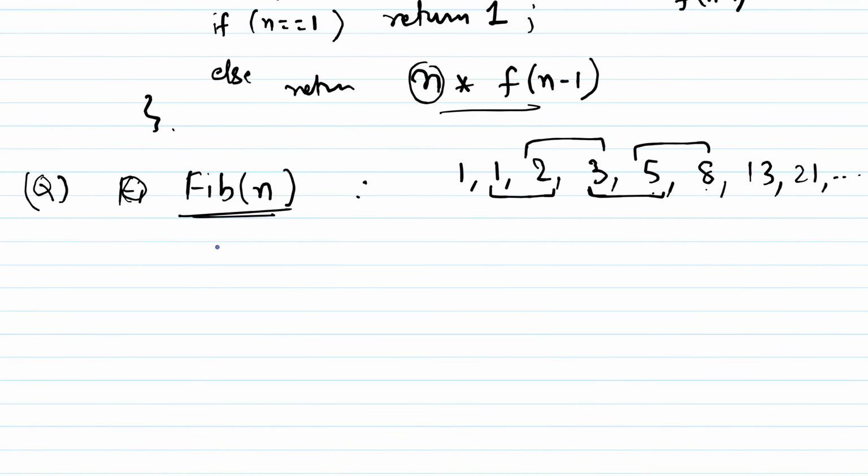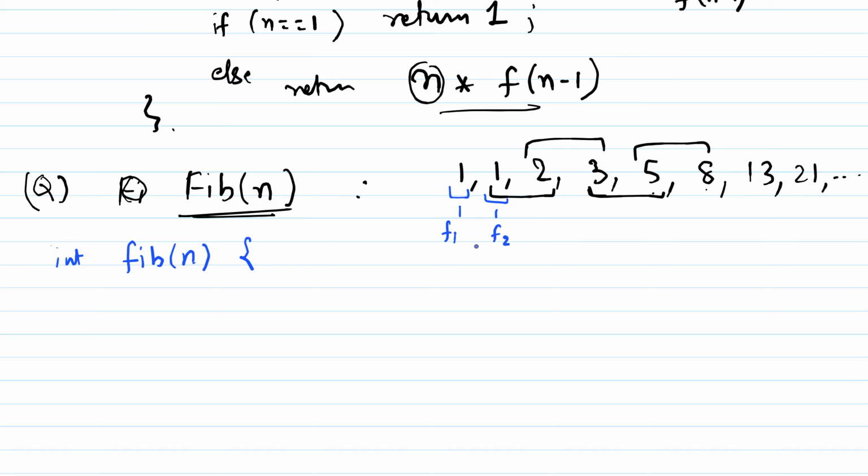So hopefully you might have guessed. Here we have the function fib n and some return type, let's say int. So think of the base case. So what is the first Fibonacci number? We have 1. And what is the second Fibonacci number? It's again 1. So this is fib 1 and this is fib 2.